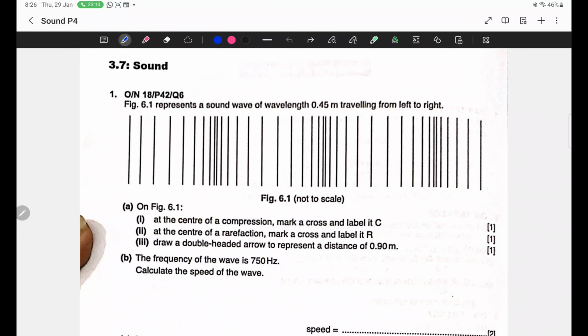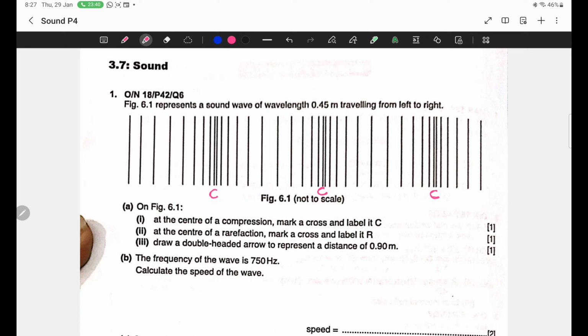The question is, what is compression in this diagram? Label it with C. Sir, I have explained this is compression. So this is compression, and this is compression. These three Cs represent compression.